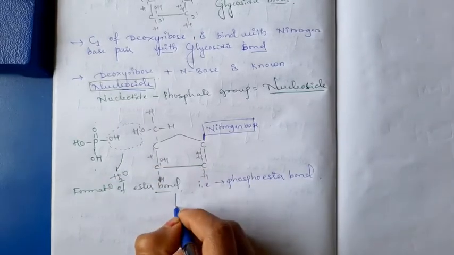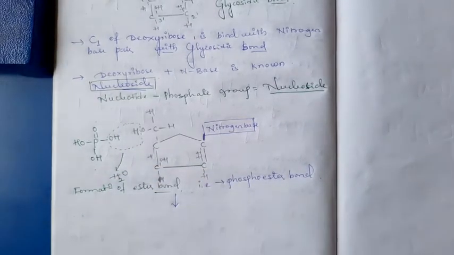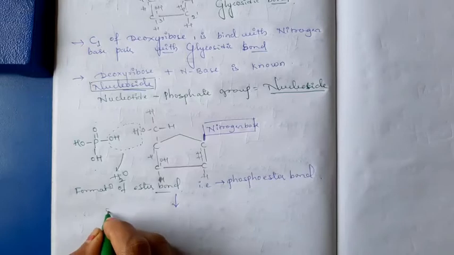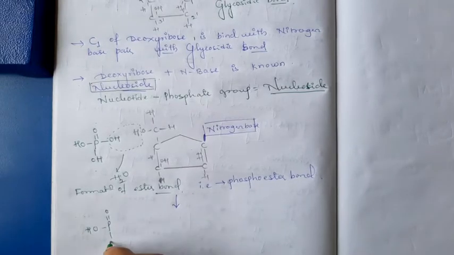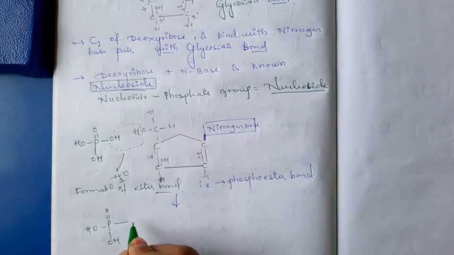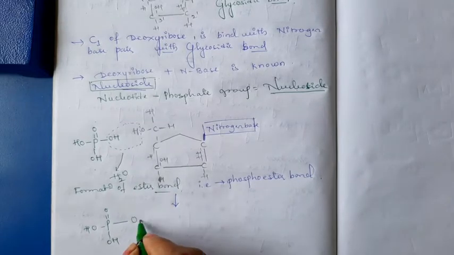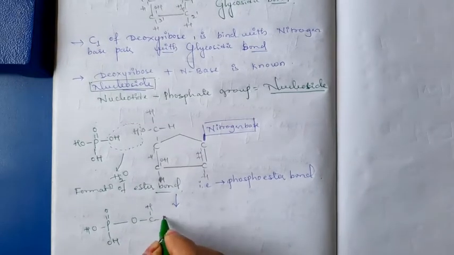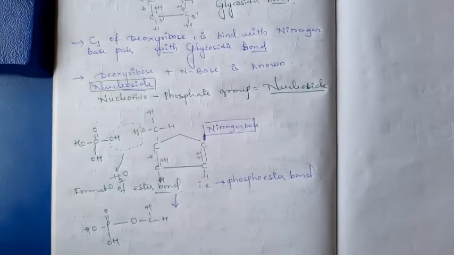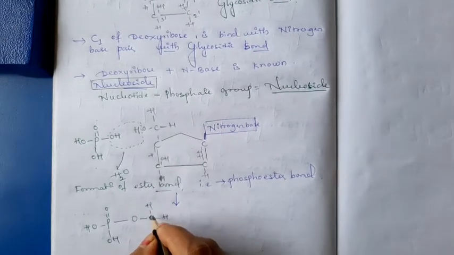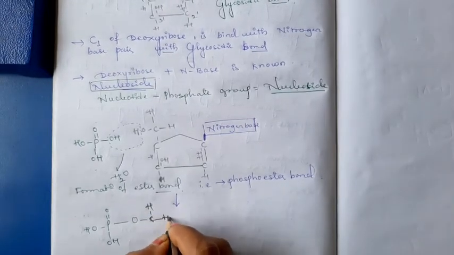It forms a structure like this: P double bond O, P OH, P OH, another side only O, C H H. This is the structure of deoxyribose. Okay.